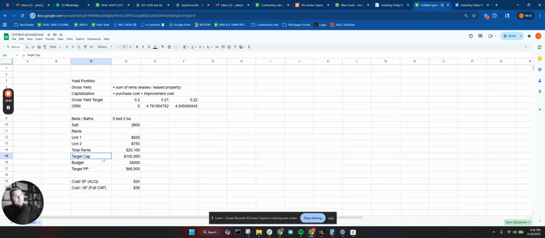If we capitalize it for this 100 grand, maybe we can get an appraisal where this number is between 65 and 80% of the appraisal.